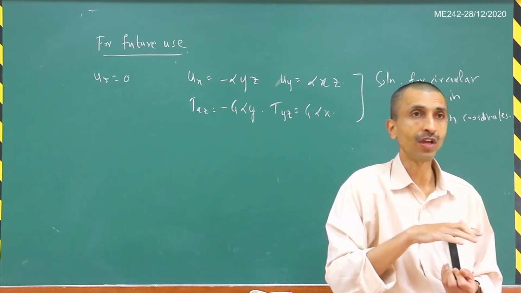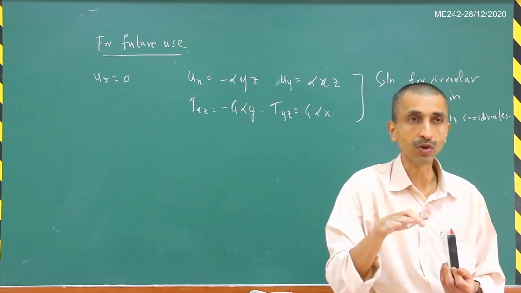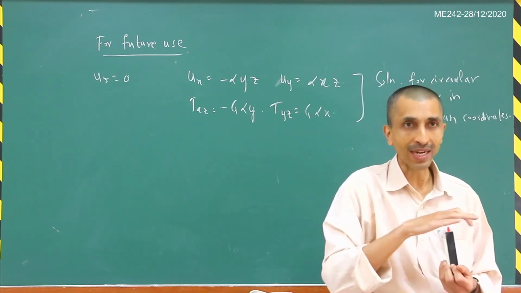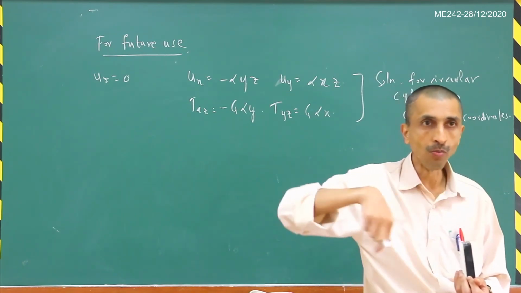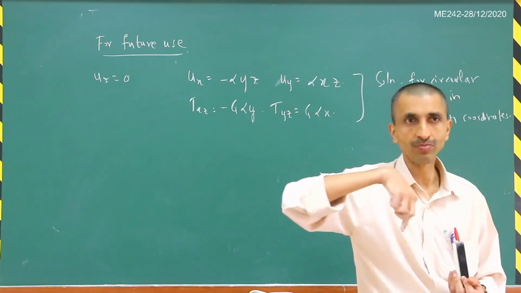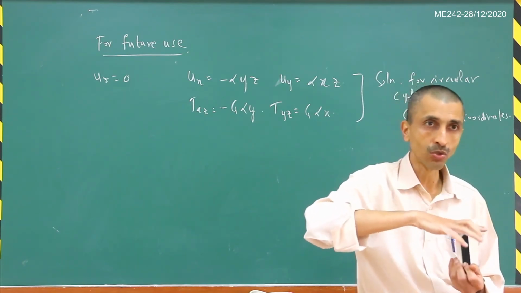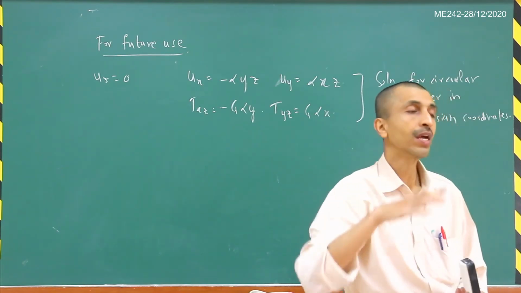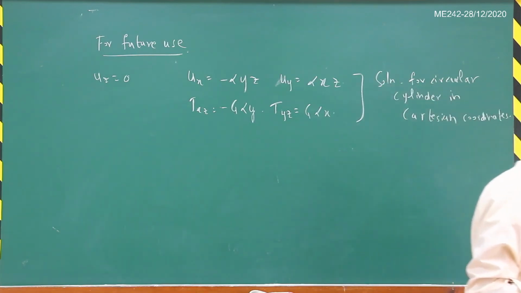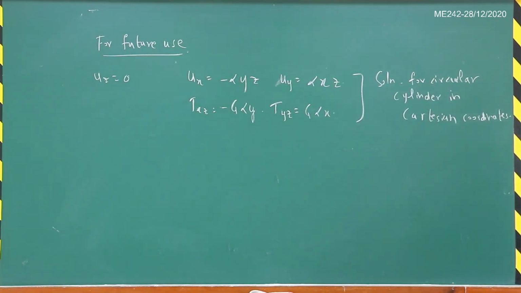If there is a point on the surface z equal to constant, then it remains at z equal to constant. So the whole motion is just tangential, with no out of plane motion. That is the solution that we get in the case of a circular cylinder.